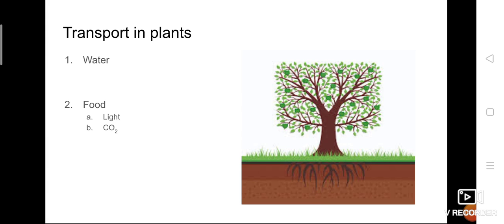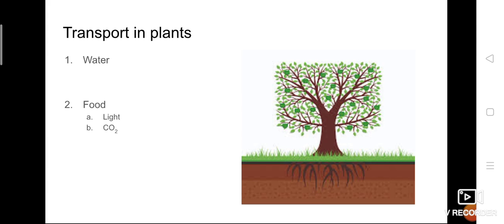I repeat, water and food are the two things which are needed by each and every part of the plant, which means every part of the plant, that is root, stem, leaves or branches, needs water. Similarly, every part of the plant, that is root, stem, leaves, branches, needs food also.